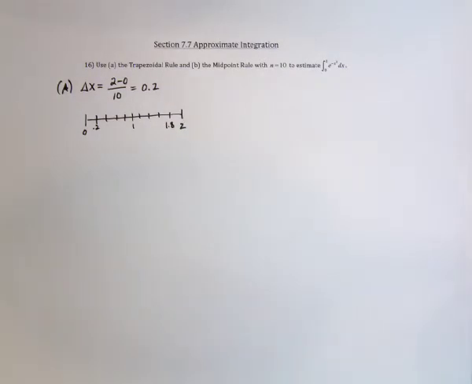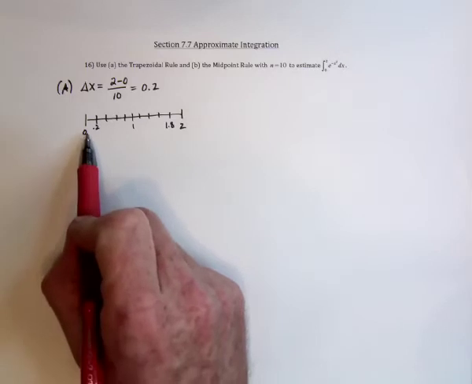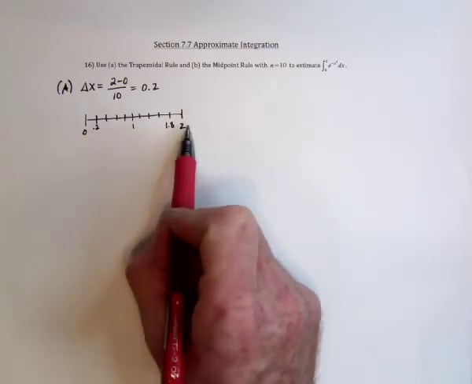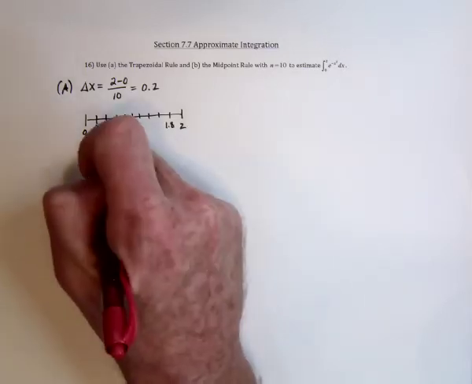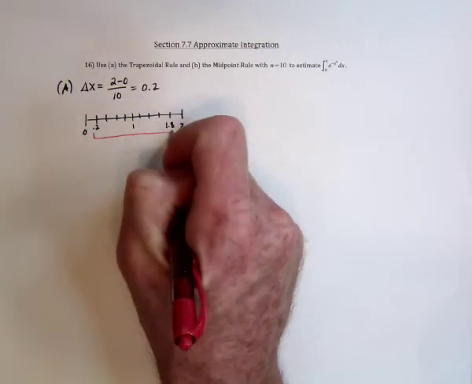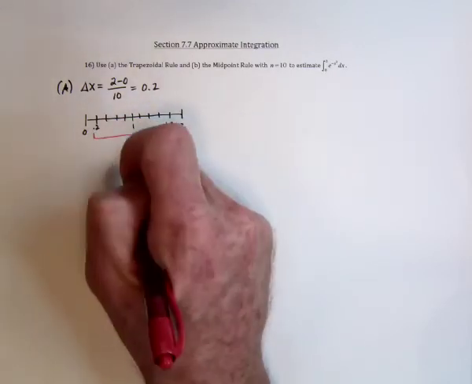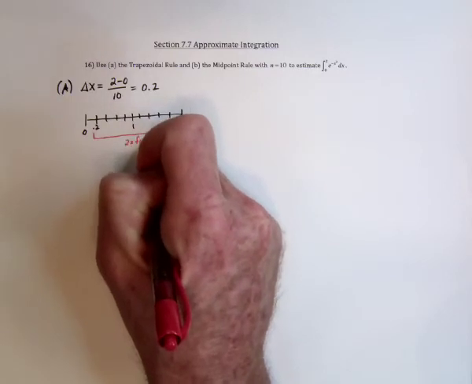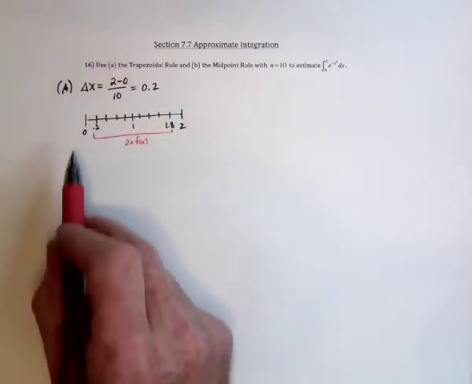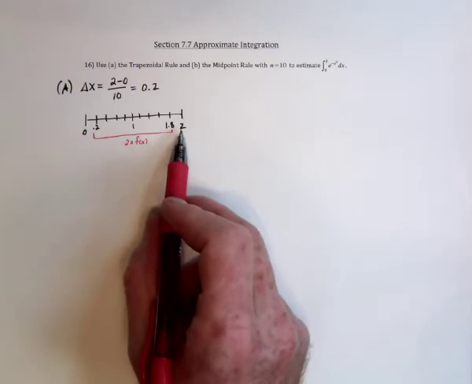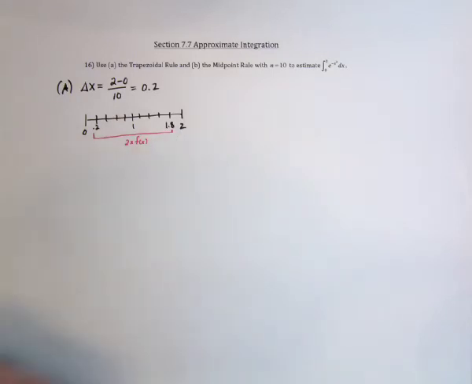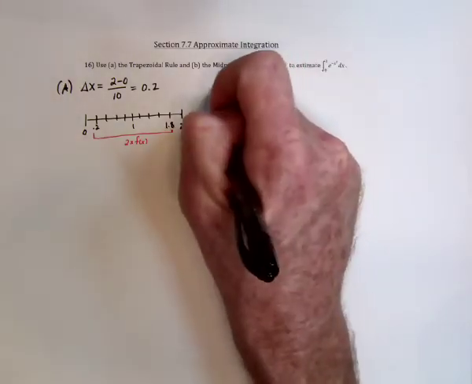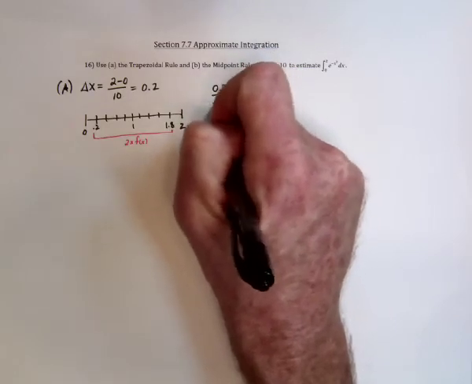And with the trapezoidal rule, you substitute all of these numbers into the function. These middle ones are all going to be multiplied by 2, so it's going to be 2 times the f of x. And then the first and last ones, you just substitute into the function. And then all of that is multiplied by the delta x over 2.